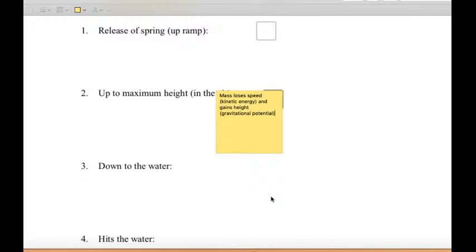And then the object is going to stop traveling up, right? It's reached its max height, and it's going to continue down into the water. So we're going to now have the mass losing height and gaining speed.